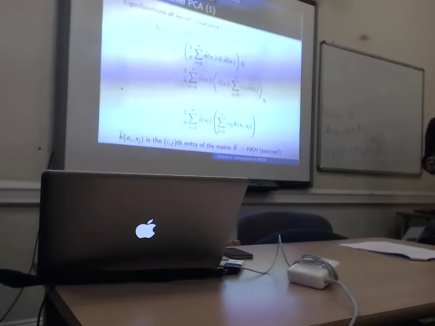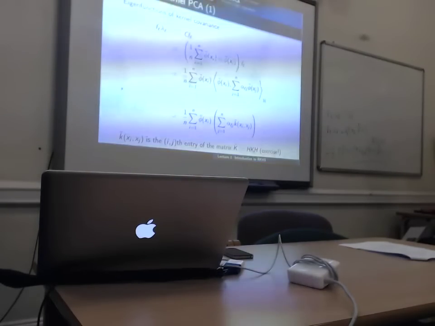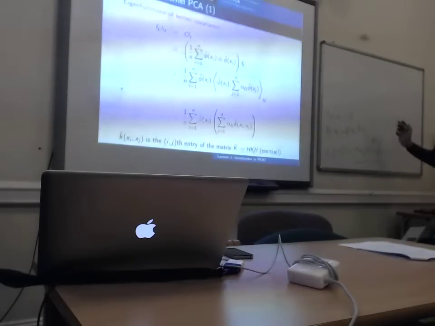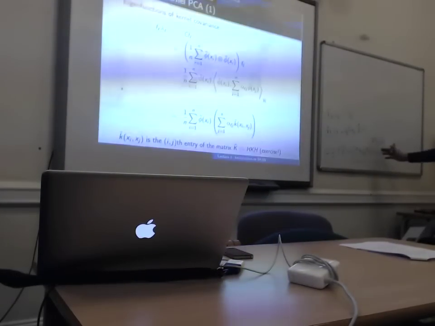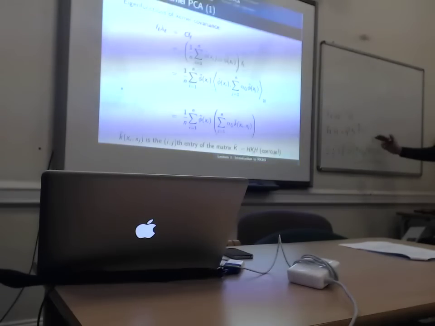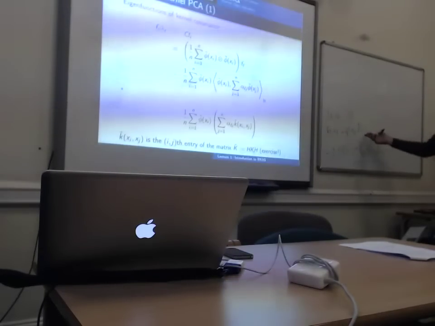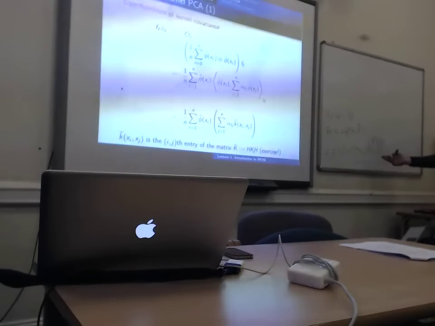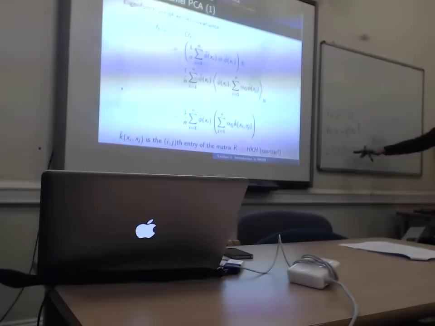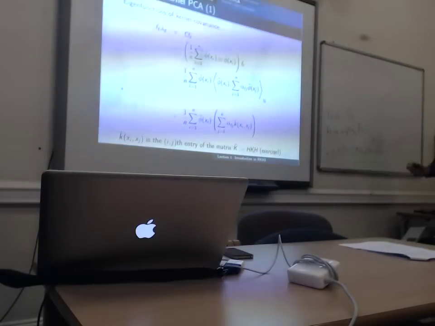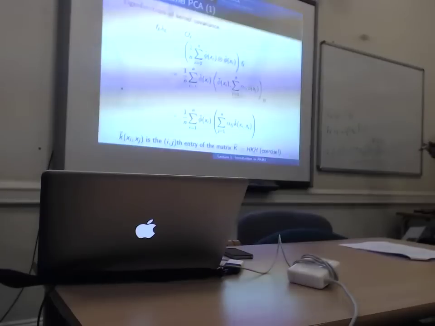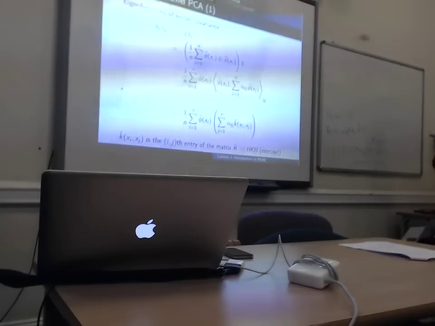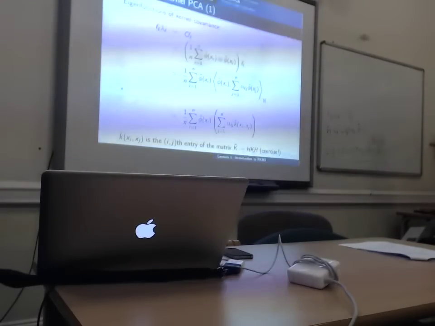Okay? So what I want to do is to have a problem that I can solve only in terms of kernels, so only in terms of inner products between the feature maps. But what I have here on both sides of the equation are still feature maps and not kernels. So I need to do something here.